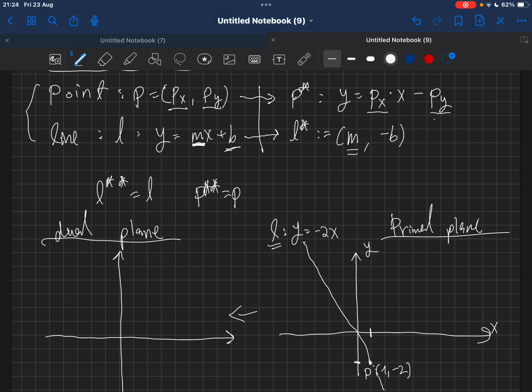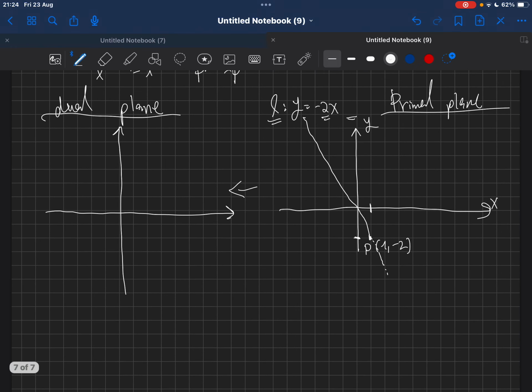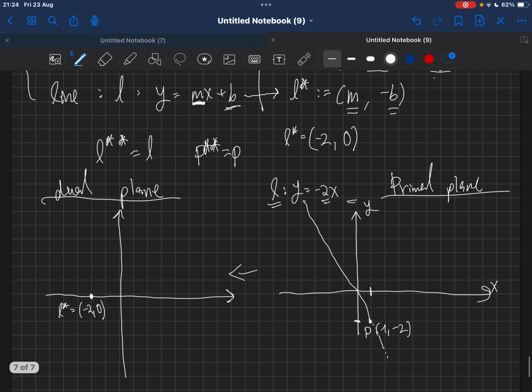This is the m, so it will be minus 2, and here I have b, which is equal to 0. This is my L tag, which will be equal to minus 2, 0.